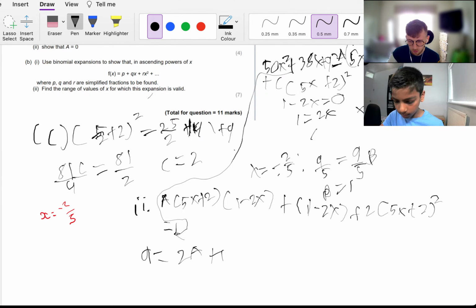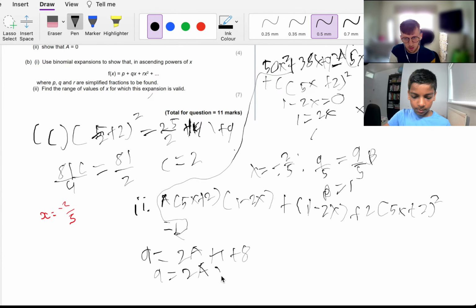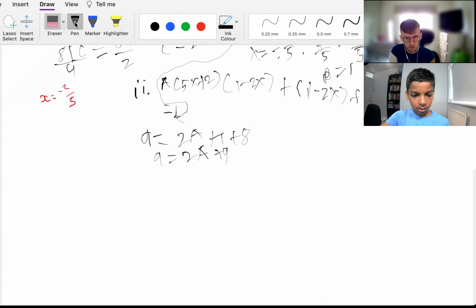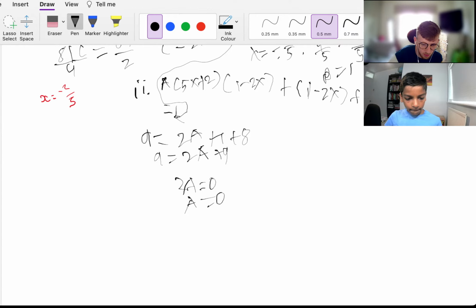Then plus 8. Yeah, so it becomes 2 squared times 2, so 8. So 9 is 2a plus 9. So then 2a is 0, so then a is 0. Fantastic, okay. So that's a big reminder of partial fractions, yeah, well done.